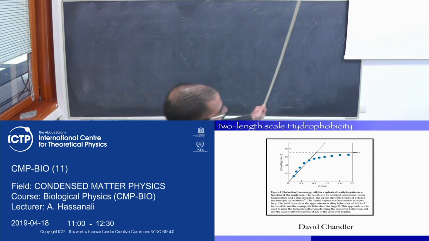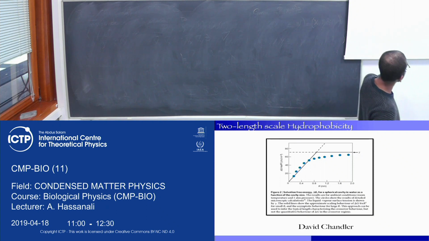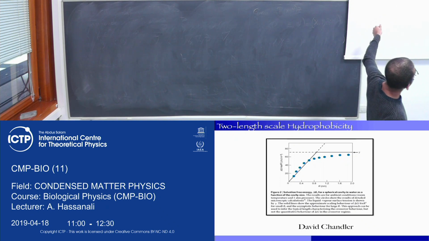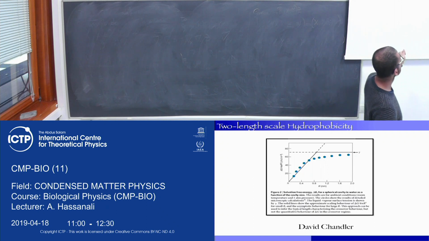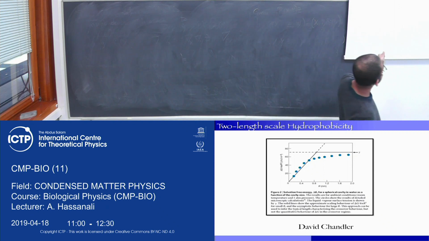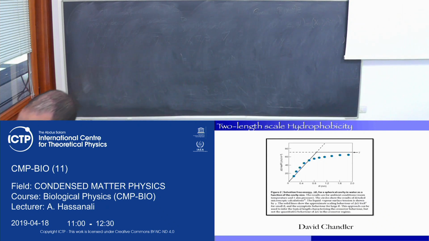For spherical cavities, the theory goes that at small radii, the work required to create the cavity grows with the volume, which is why this is linear, because this is the work divided by the surface area. And then after 1 nanometer, it grows as the surface area. And this ratio is the surface tension, essentially. So there's a two-length scale behavior for hydrophobicity for a spherical object. Okay?